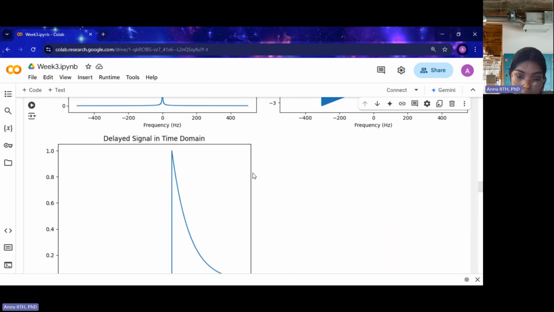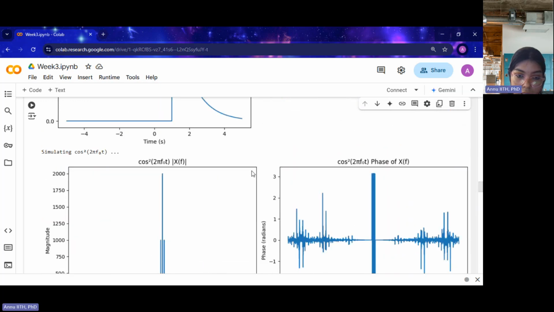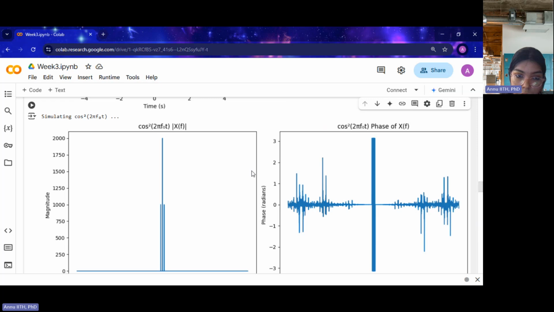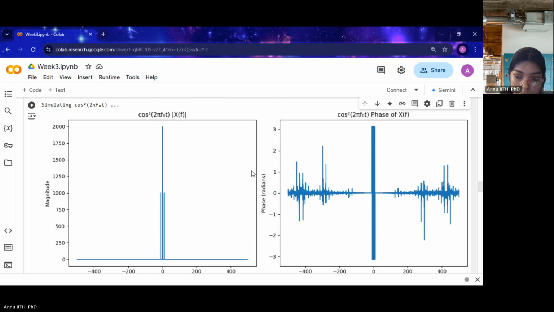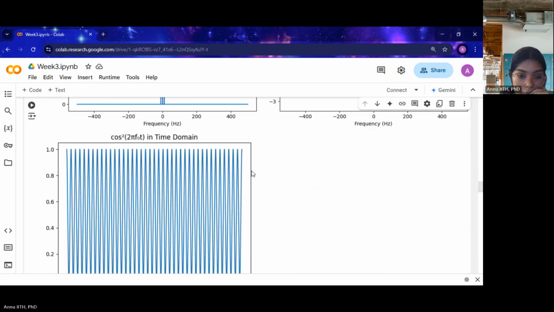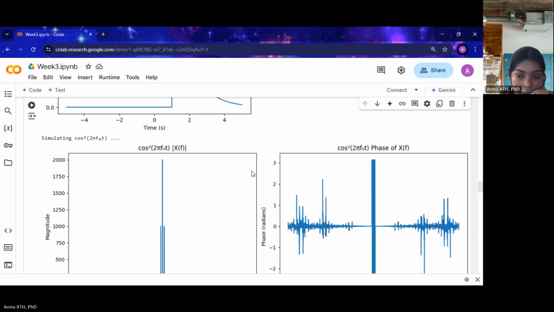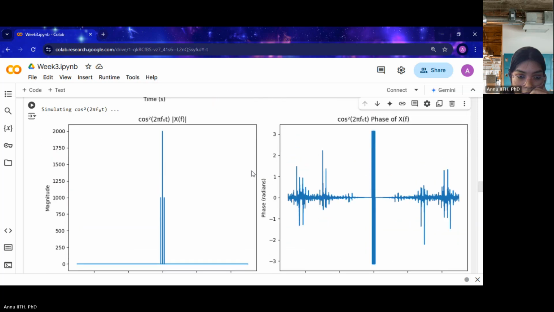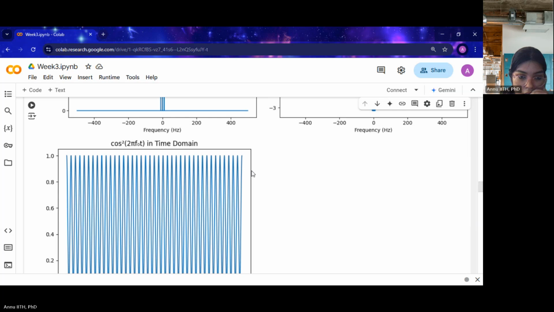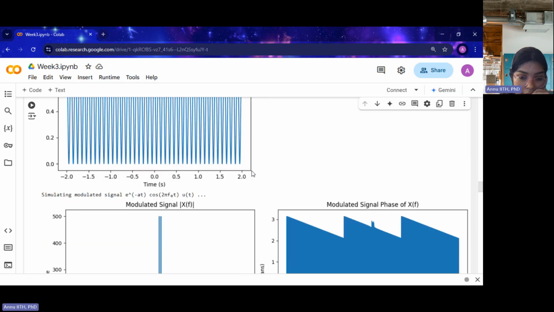Delayed signal. This is delayed signal in time domain. Simulating cos square 2 pi f naught t. This is how signals look in time domain and the frequency domain. Whenever we talk about magnitude and phase vector, that is in the frequency domain. Cos square 2 pi f naught t in the time domain.